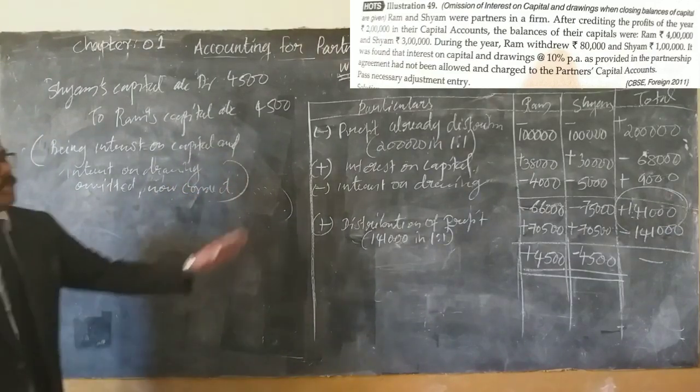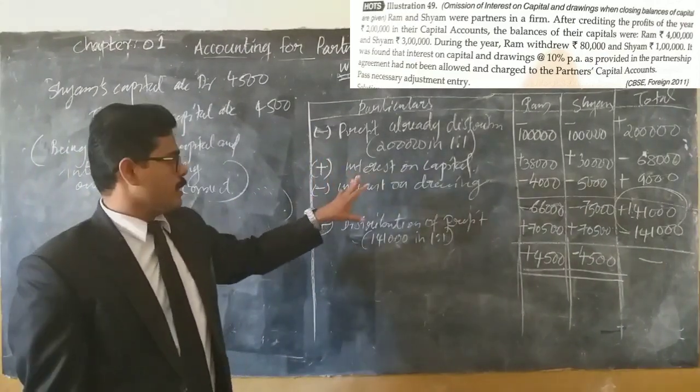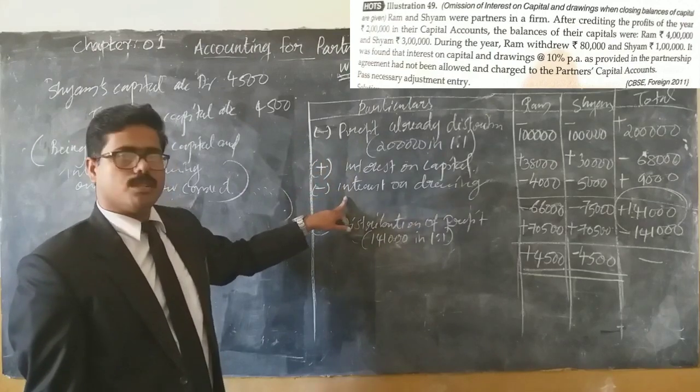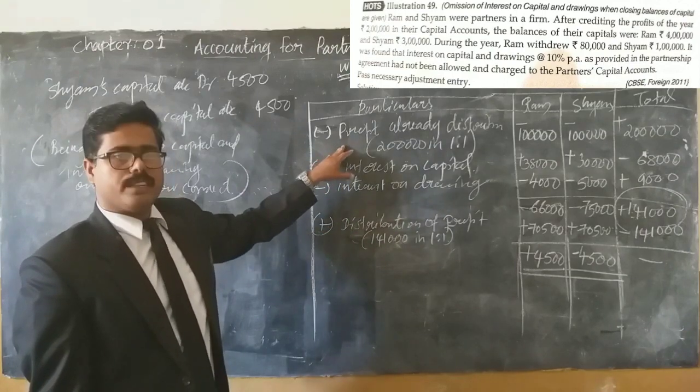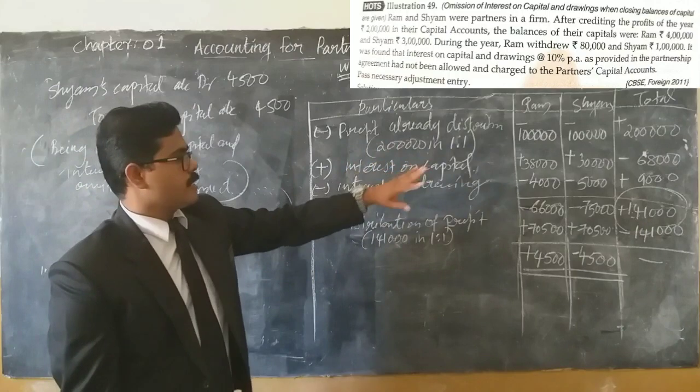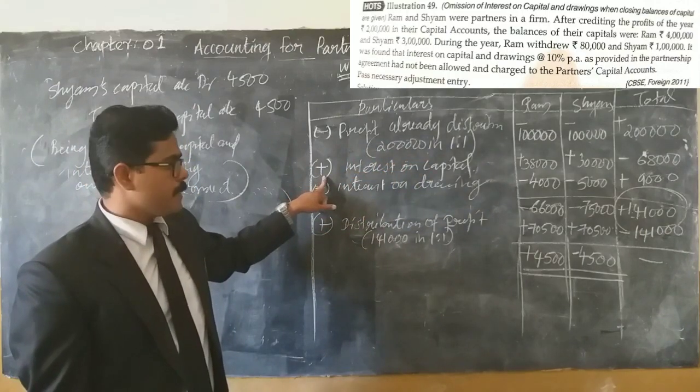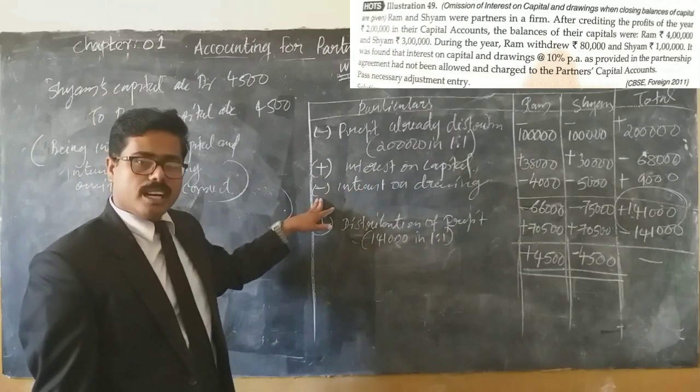Let us check the first one. Profit. We made two mistakes, that means interest on capital not provided and interest on drawing not charged. So we have taken back the profit first, then in our account 2 lakh rupees. Then first we provided interest on capital, and the next one we charged interest on drawing.